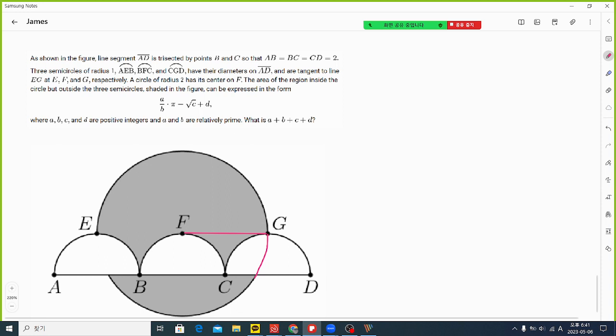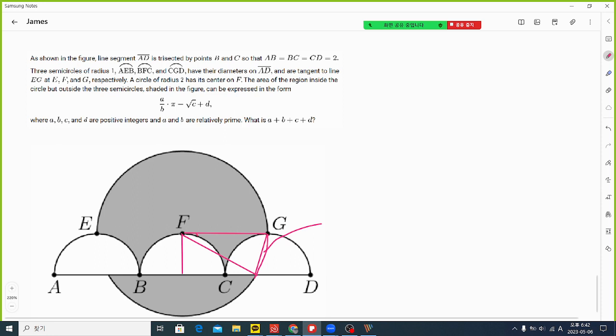And then, from the big circle's area, we need to subtract this one, this one, and this one, because the ratio of the side length is 2 and 1, that means this angle is 60 degrees.